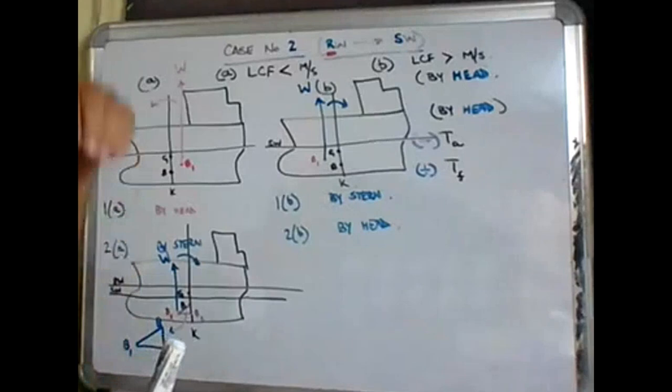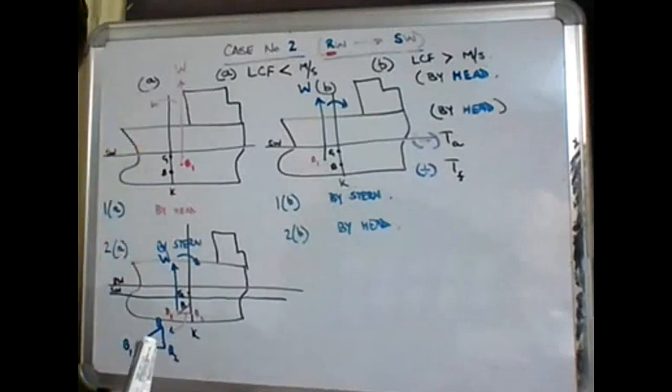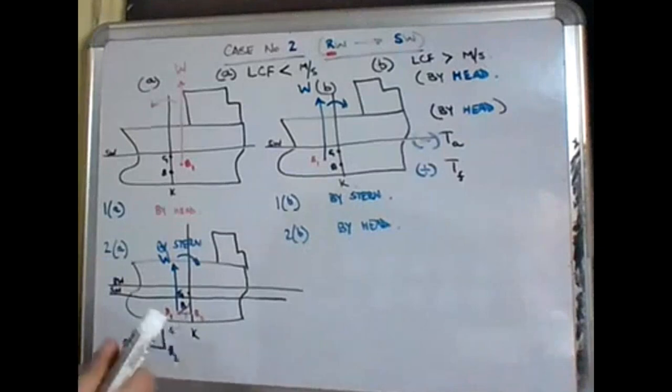So if my mean draft reduces, my B2 has to go in the downward direction. Correct, sir. If the waterplane area reduces, B shifts down. So B goes down, and B1 goes where? Opposite to the direction from where I am discharging more.